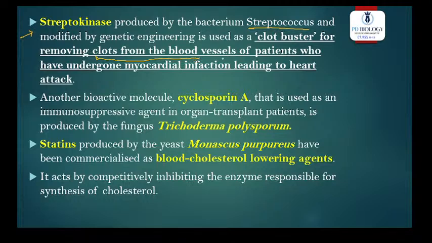So clots from the blood vessels of patients who have undergone myocardial infarction, leading to heart attack. So this drug, a very important component, keep it in mind, streptokinase, helps in myocardial infarction that led to the heart attack.